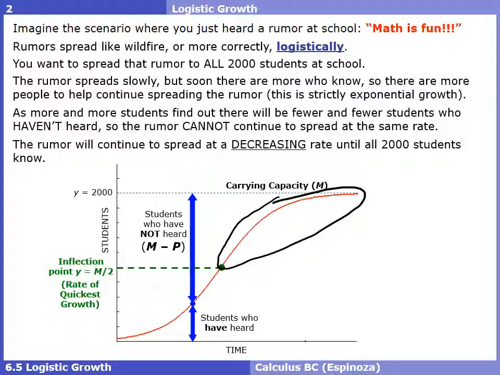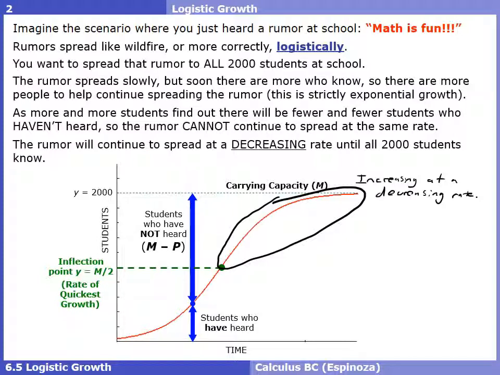Quite often we refer to this part of the graph as increasing at a decreasing rate. We still have an increasing function, of course, but it's at a decreasing rate.